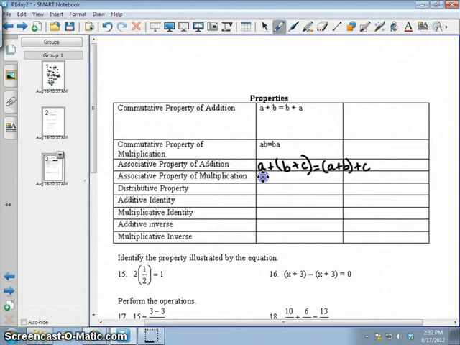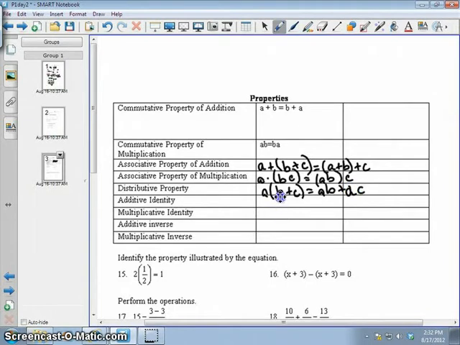Associative property of multiplication, a times parenthesis b times c equals parenthesis ab, close parenthesis, times c. Distributive property, a times parenthesis b plus c, close parenthesis, equals a times b plus a times c.